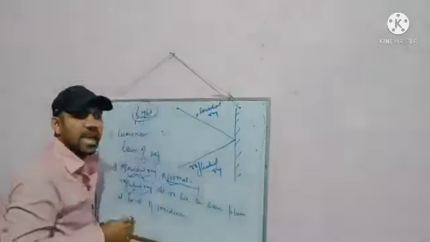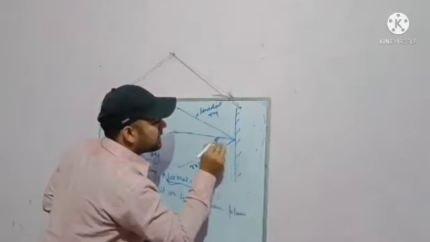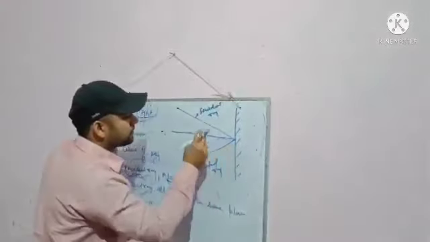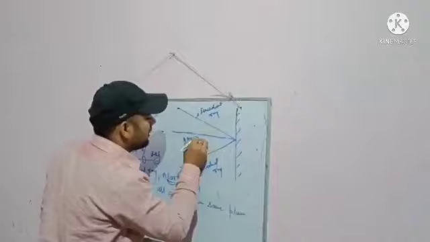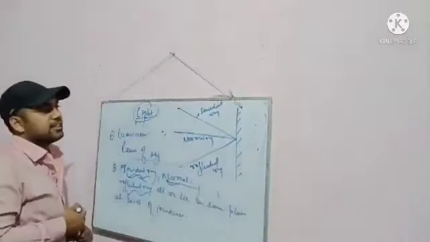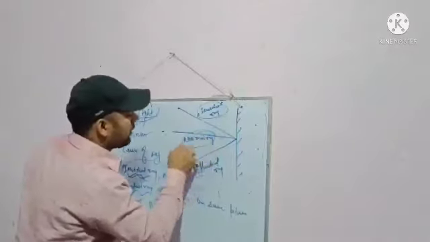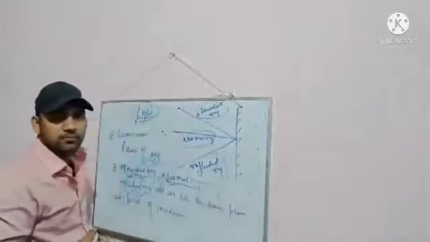And the imaginary line drawn between the incident ray and reflected ray, that is called the normal ray. As I discussed, incident ray, normal ray and reflected ray all lie on the same plane.